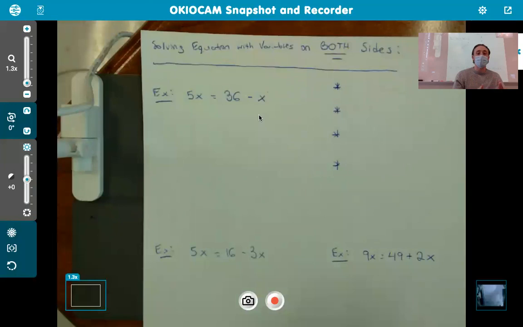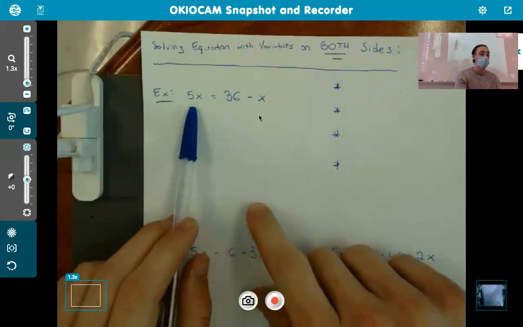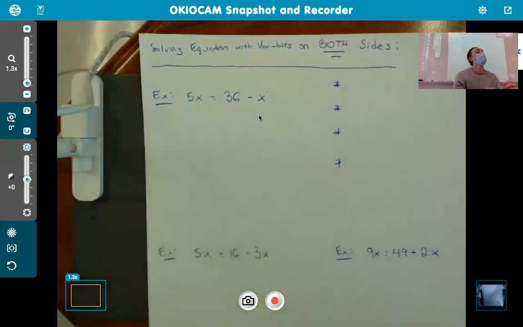So if I'm looking at this equation, and I'm trying to get all of my variables to one side, what do you think I should do on either side here? So I need to get either 5x with this x or this here. You got an idea? What's that? Divide by x? Is that what you're saying?